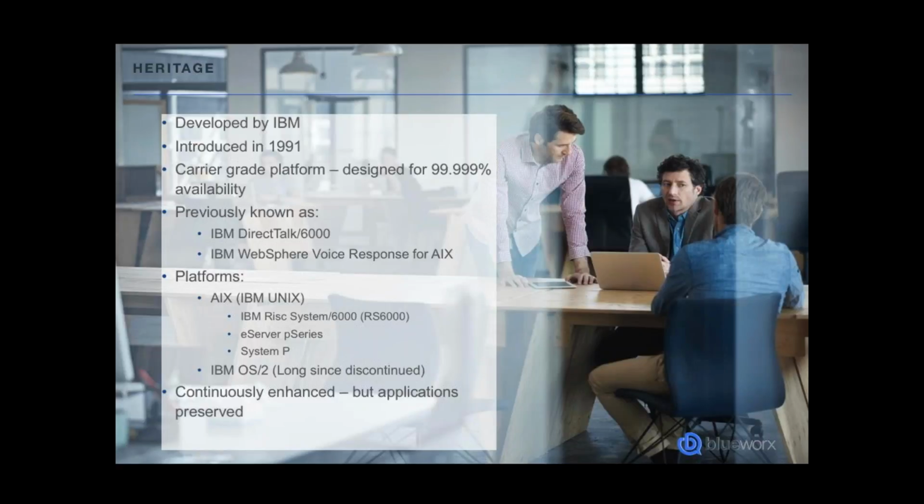So the voice response product is actually 25 years old. The code was originally developed by IBM. It was known as IBM DirectTalk 6000, and then IBM WebSphere Voice Response for AIX. It was designed from the beginning to be a very high availability, very reliable, strong, carrier-grade platform, and they were aiming for 99.999% availability.